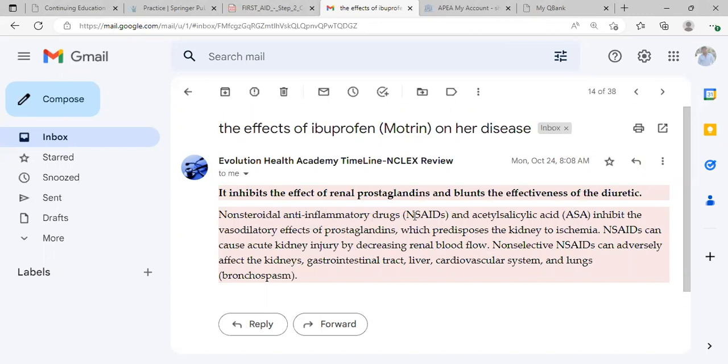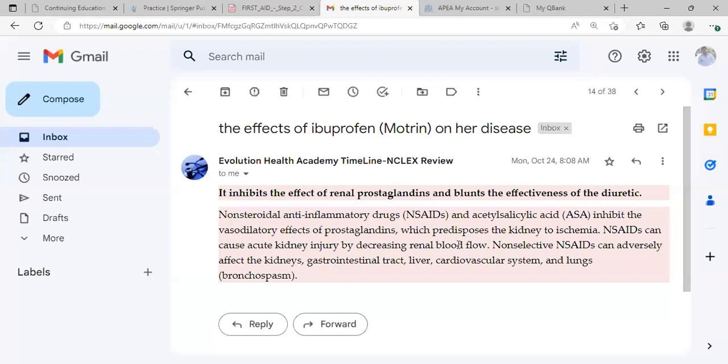Non-steroidal anti-inflammatory drugs, shortly called NSAIDs, and salicylic acid inhibit the vasodilatory effect of prostaglandin. So vasodilation, which predisposes the kidney to ischemia. NSAIDs can cause acute kidney injury by decreasing renal blood flow. So NSAIDs are not good for the kidney, right?